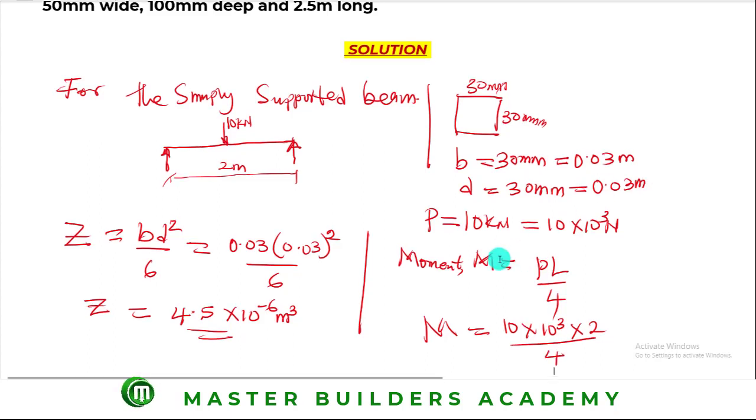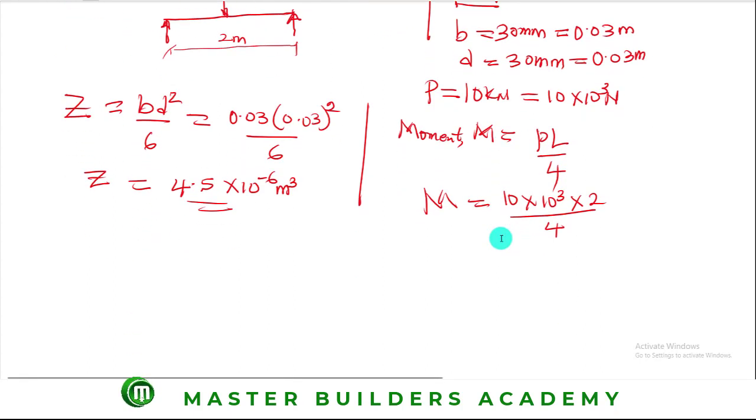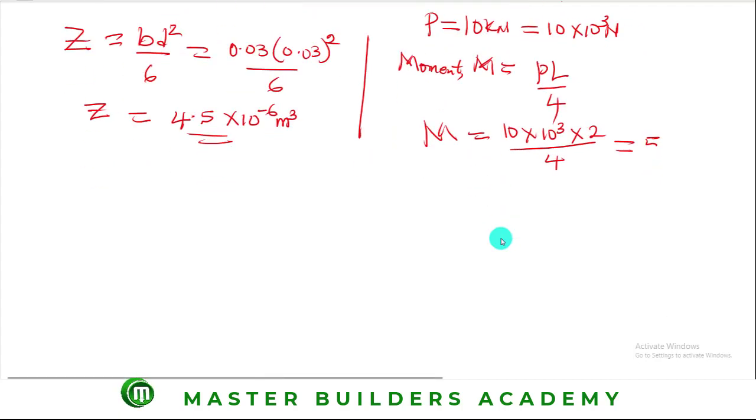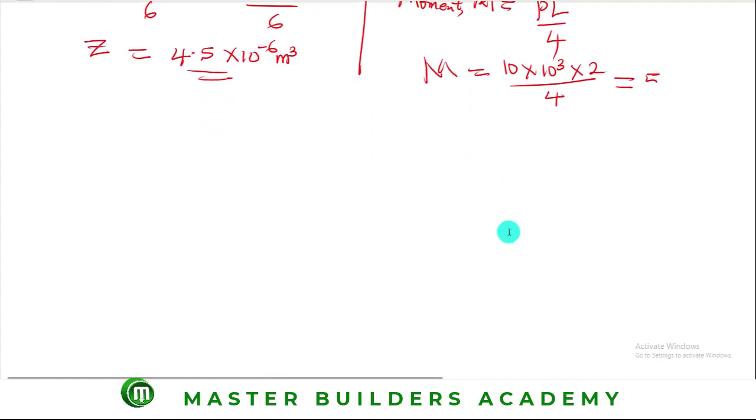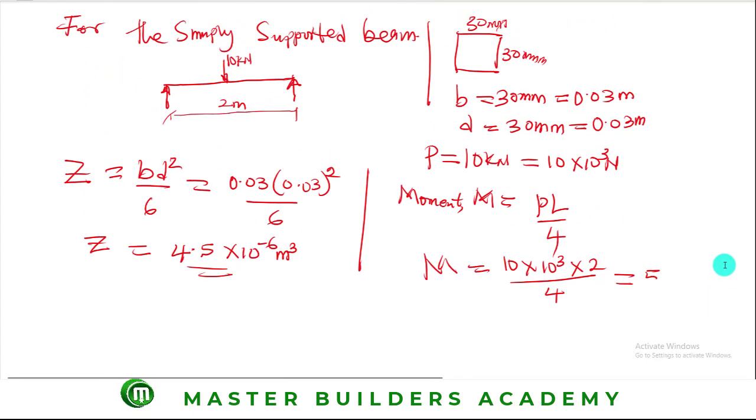Are we there? So as we move down, we'll find out that the moment is equal to 5 times 10 raised to the power of 3 Newton meter. All right, so we have gotten the moment.